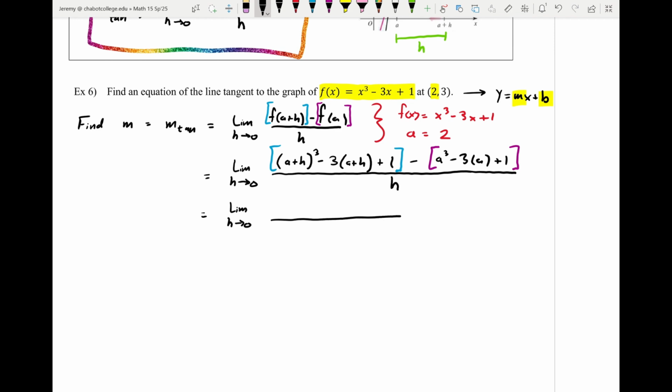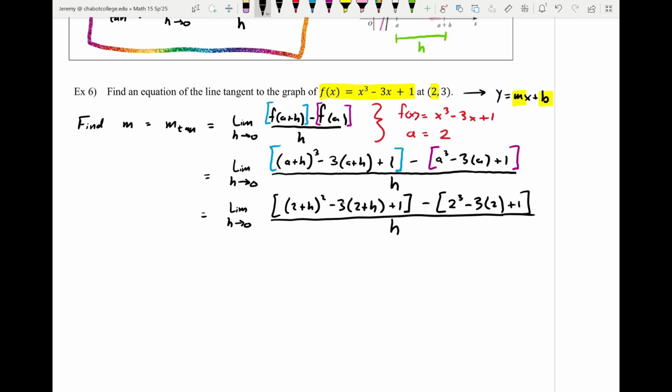So let me substitute 2 in for a now. So it's going to be (2 plus h) cubed minus 3 times (2 plus h) plus 1 minus, and then 2 cubed minus 3 times 2 plus 1.